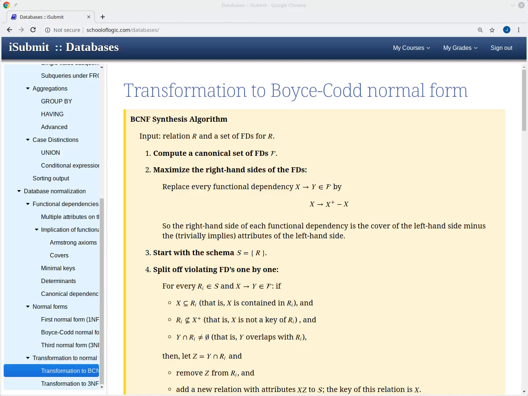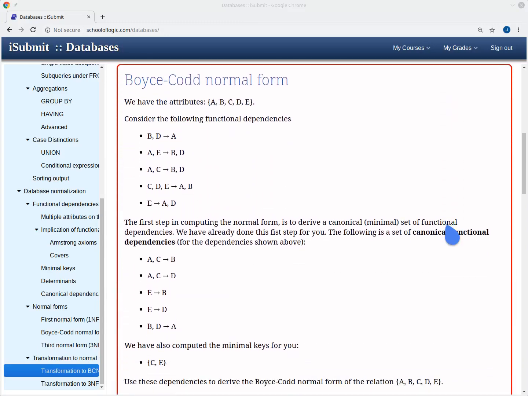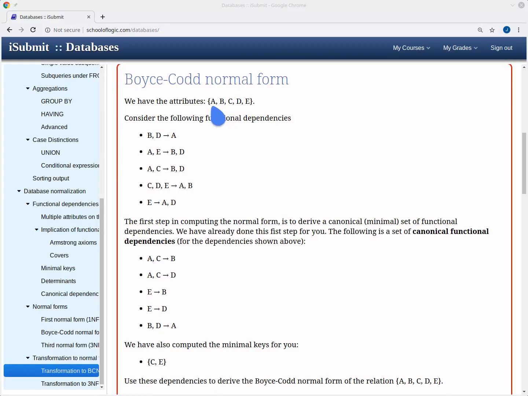Let's practice the transformation to Boyce-Codd normal form. We have a relation with attributes A, B, C, D, E, and we are given a set of functional dependencies. Now, the first step of the transformation to Boyce-Codd normal form is to compute a canonical set of functional dependencies. This first step has already been done for us.